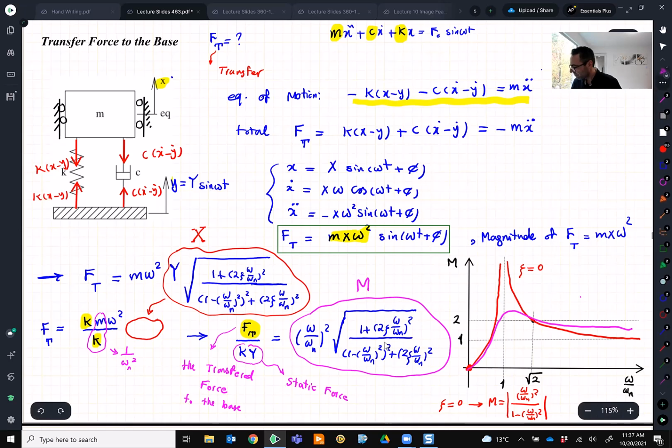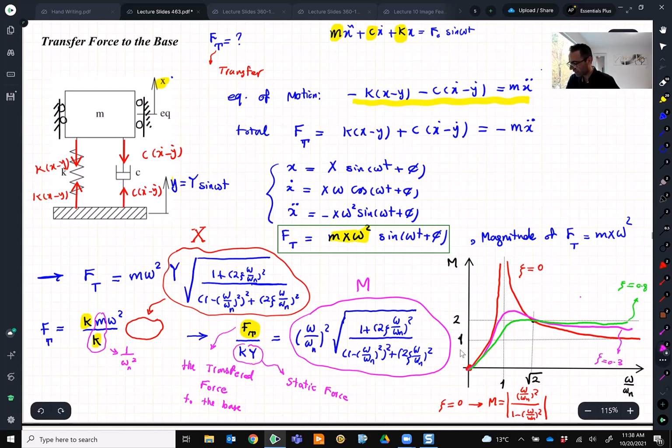And another one with green. Okay, so let's assume that this is zeta equal to 0.8, and the pink one is zeta equal to 0.3, for example.